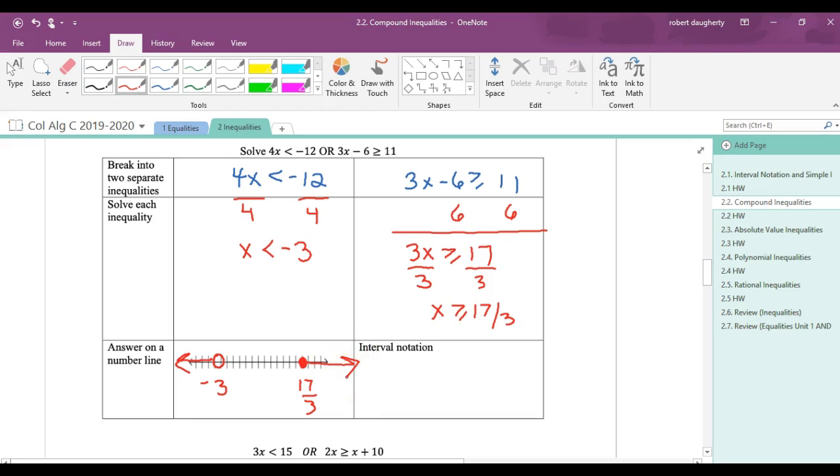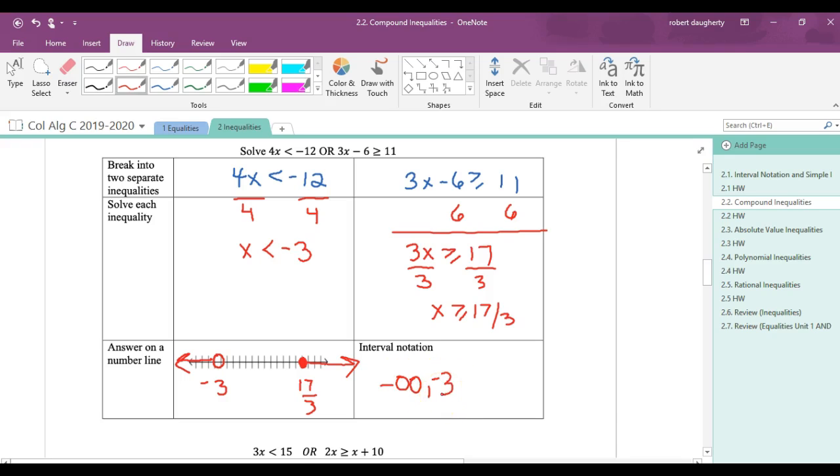Now, if you look at what I drew on the number line, how many intervals do I expect in my answer? 2. Here's an interval, here's an interval. This interval goes from what number to what number? -infinity to -3.